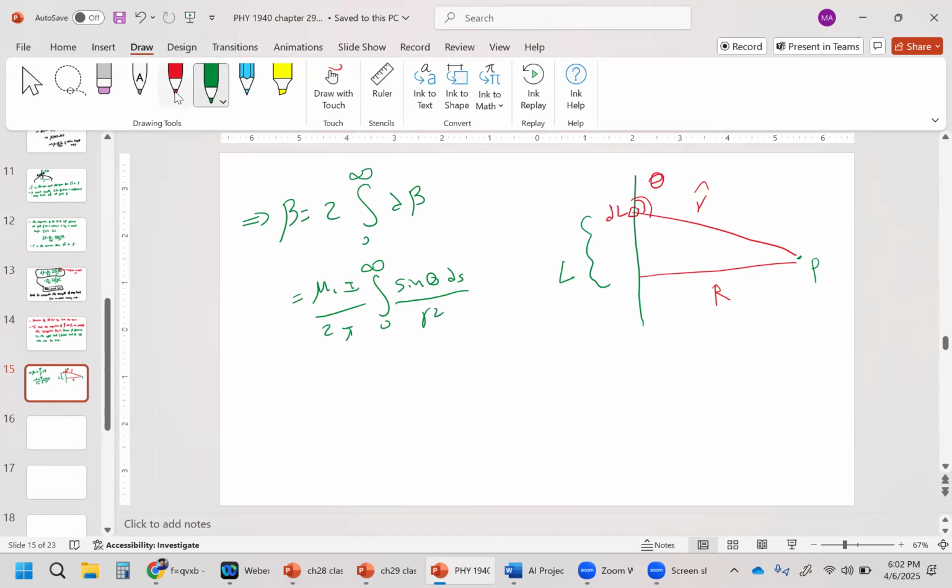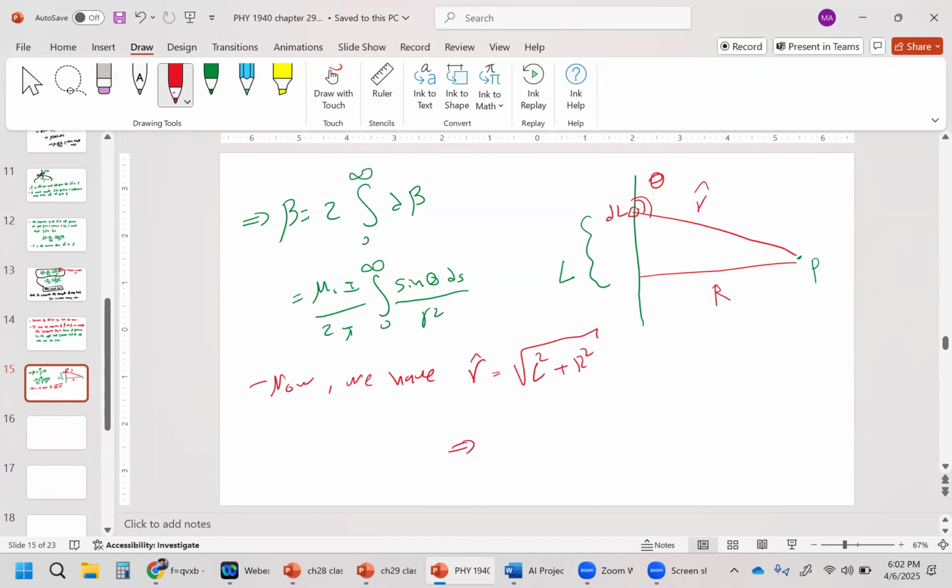Now, according to Pythagorean theorem, our r is going to equal the square root of a squared plus b squared equals c squared, which is going to be your L squared plus your R squared.